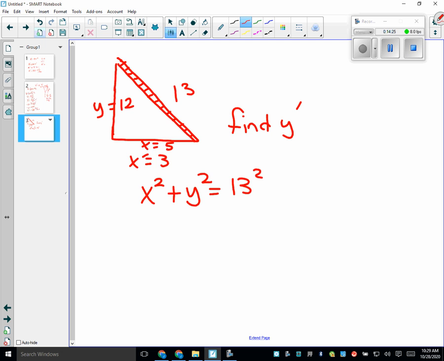So what's my derivative? 2x x prime plus 2y y prime equals what? The derivative of a number is 0. So 30 plus 24 y prime equals 0?